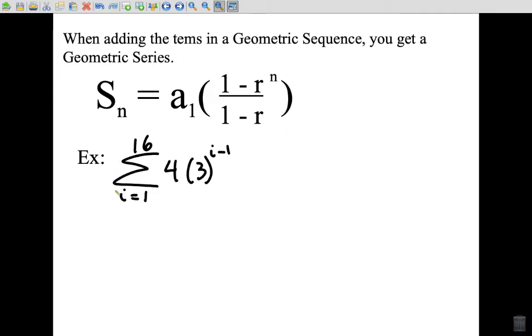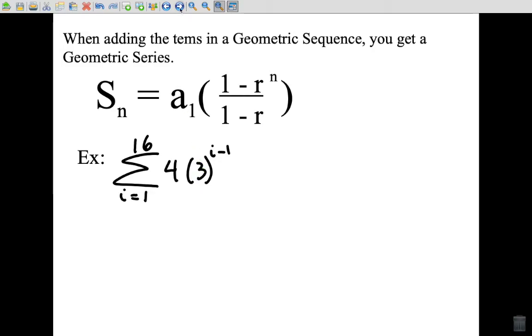So don't forget, when you look at this summation notation, the 16 represents n, 16 terms. The 4 represents the very first term, so they've just handed you the a sub 1. And the 3, the term that's being raised to the exponent, that is the common ratio.